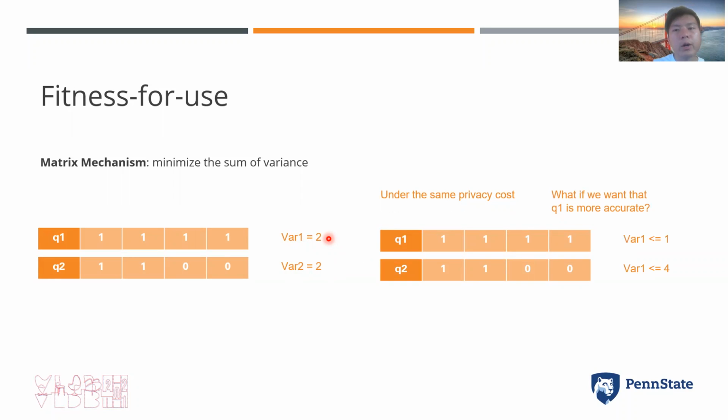For example, if we want to make sure that the variance of Q1 is no more than 1, while we allow a noisier answer for Q2. The traditional mechanism cannot guarantee such a constraint.